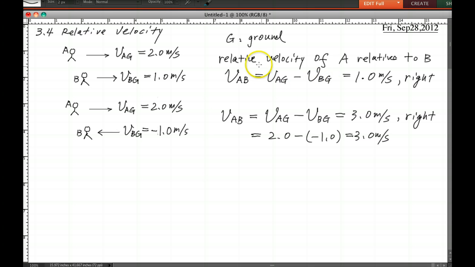Don't forget, this formula deals with vectors. I didn't put the vector sign because with one-dimensional motion it doesn't matter, as long as you figure out which is positive and which is negative.